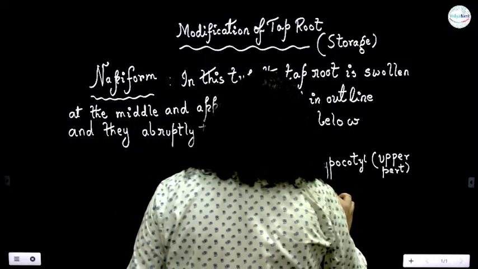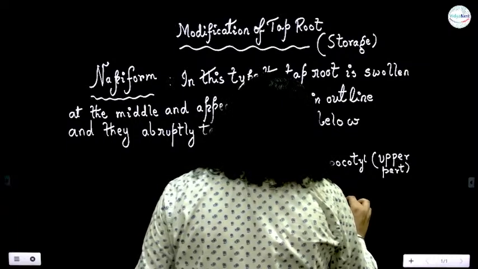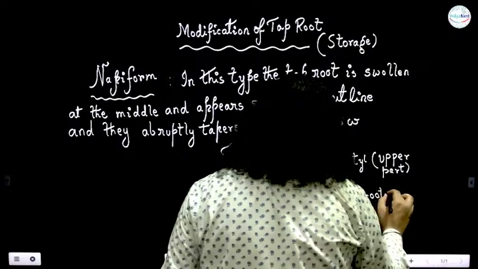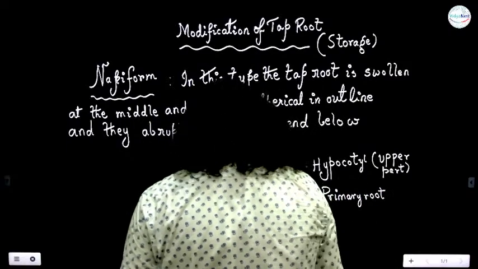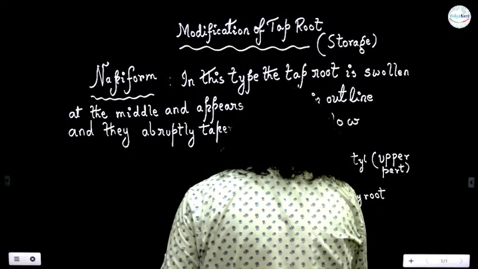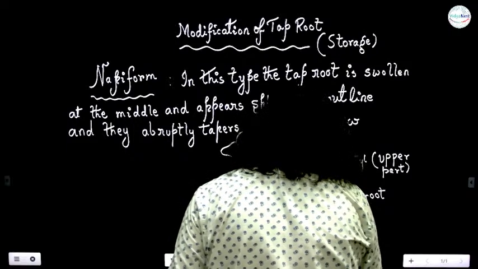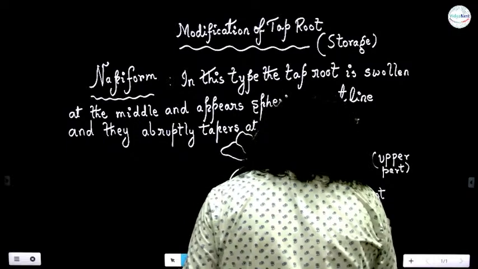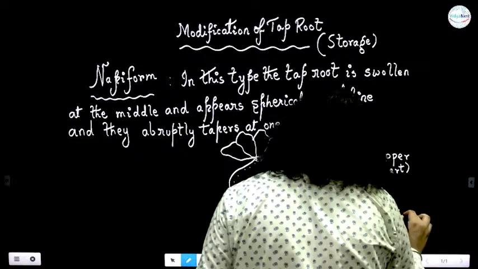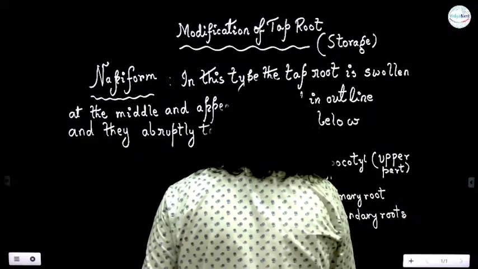This one is the primary root. And then the secondary roots are coming out in this direction. These are the secondary roots.